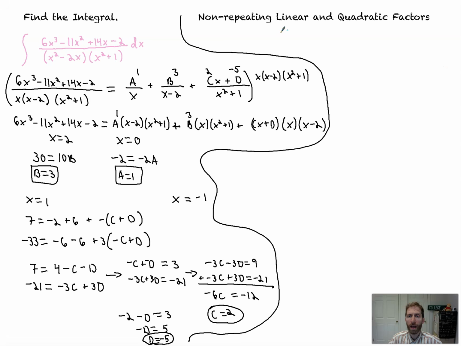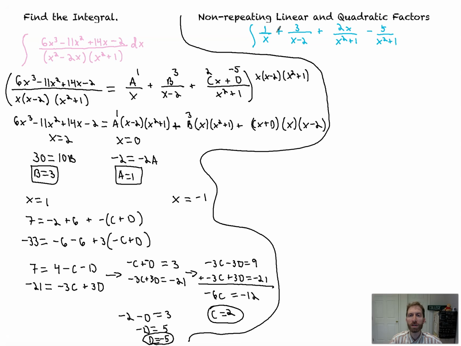So what we now have is this new integral, and it is equal to 1 over x, plus 3 over x minus 2, plus, and here's what I'm going to do, I'm going to make this 2x over x squared plus 1 minus 5 over x squared plus 1.